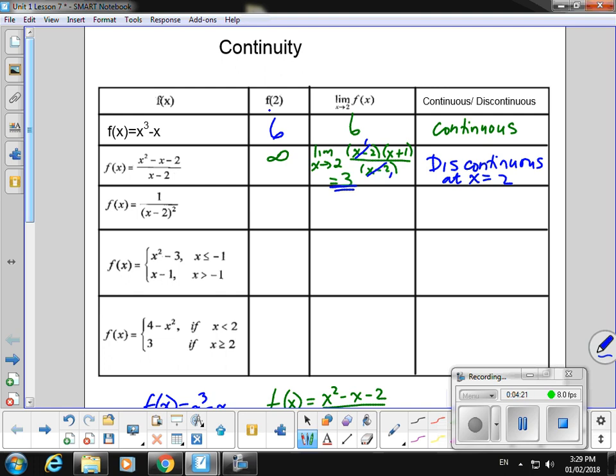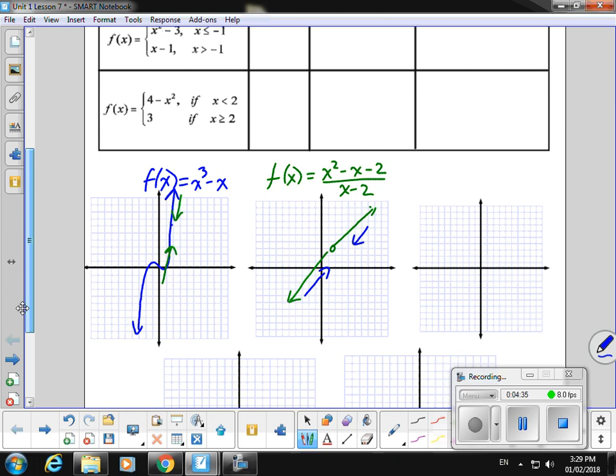The next one, I want to know the value of that function at f(2). If I put a value of 2 into that function, I have a problem. It is not defined there. But the limit is a little bit on the trickier side. Let's have a look at the graph for f(x) equals 1 over (x minus 2) squared. At 2, I have a problem, and it is not a hole, it is an asymptote.